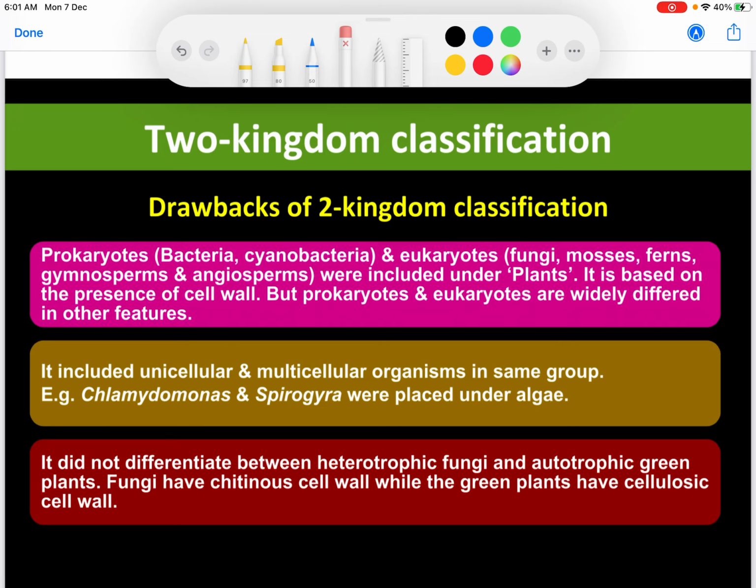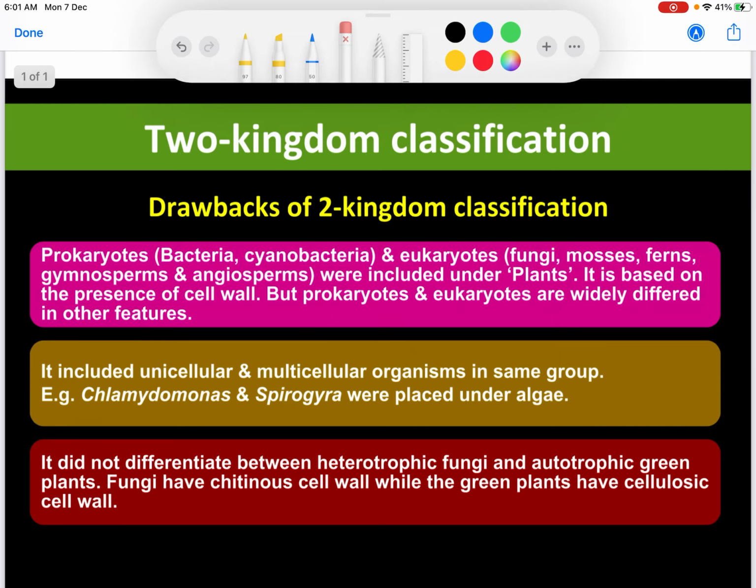Ready? So at that time, two kingdom classification was adequate enough to understand, but as technological advancement was made and we identified unicellular organisms, specifically prokaryotes and eukaryotes, and classified them differently, we needed more advancement in two kingdom classification. So right now it is not at all acceptable, right? And we have gone through the reasons why. So please take a screenshot of this slide first.